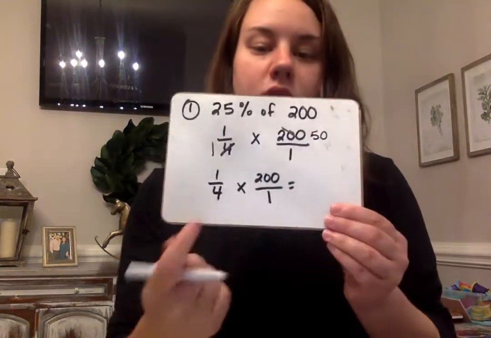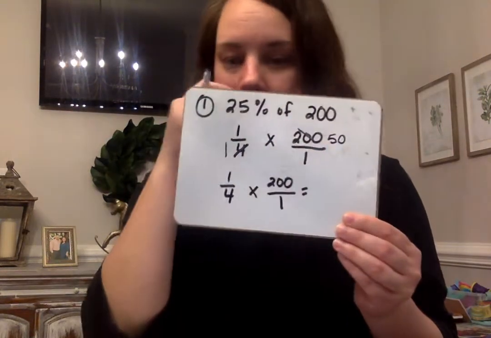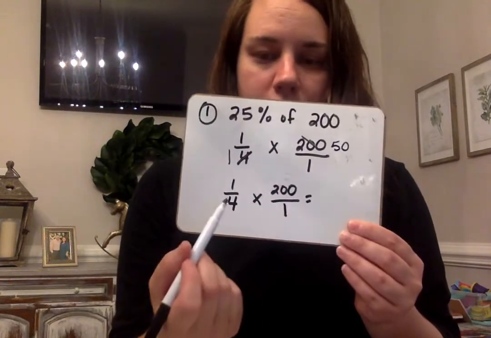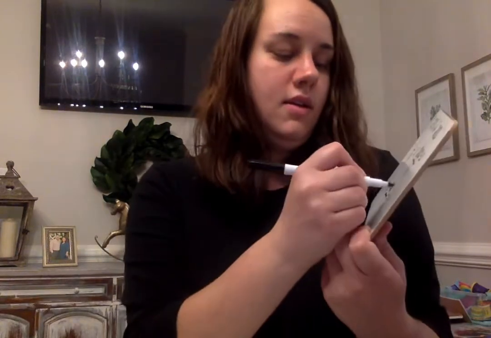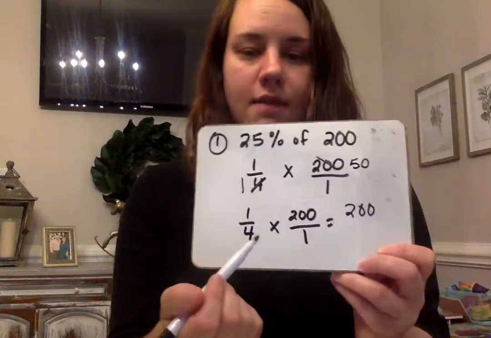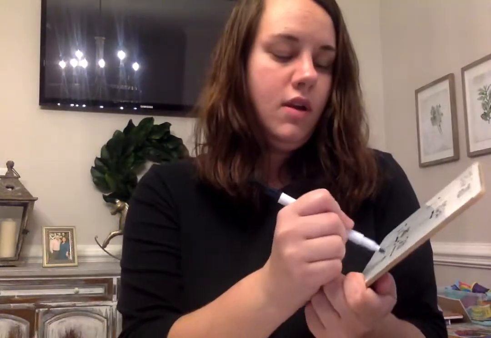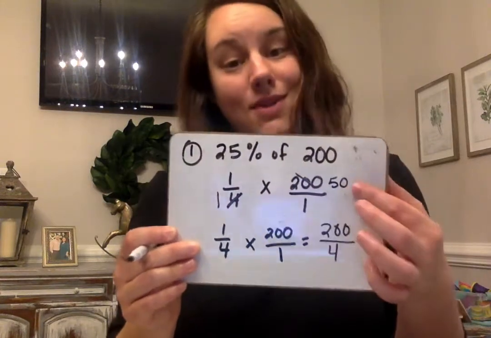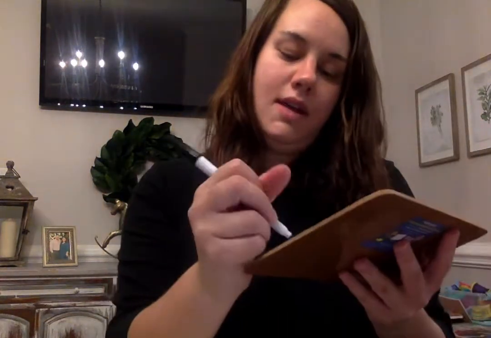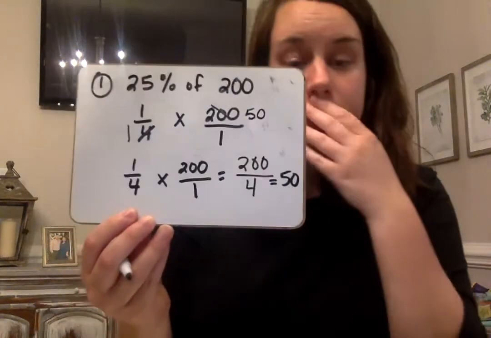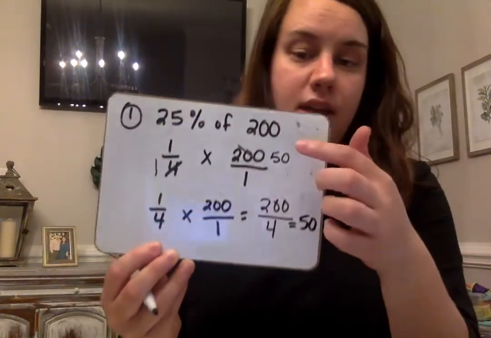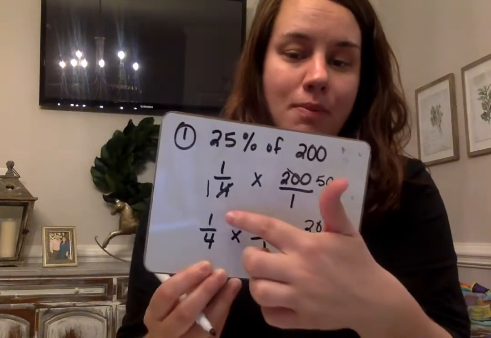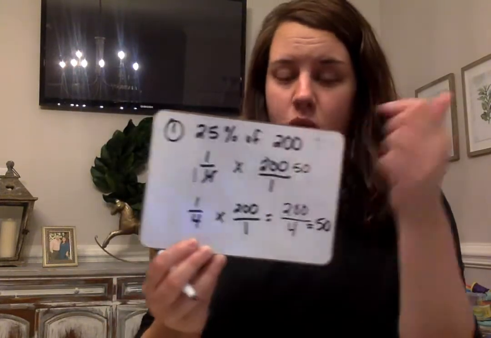Okay, so if you don't want to do this crossing out system up here, you can just go straight across and multiply. So 1 times 200 is 200, and 4 times 1 is 4. So then what you have to do is 200 divided by 4, which gives you the 50 up here. Okay, so 200 divided by 4 is 50. So really what you've done is divided that whole number by your denominator, if you have a 1 on the top.